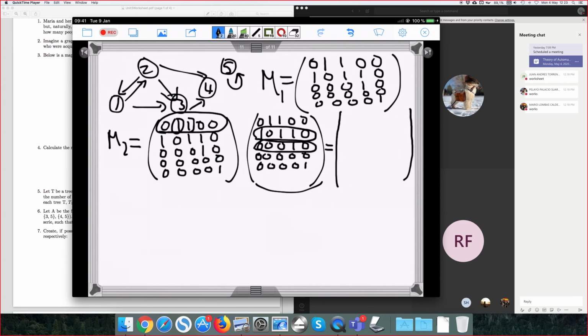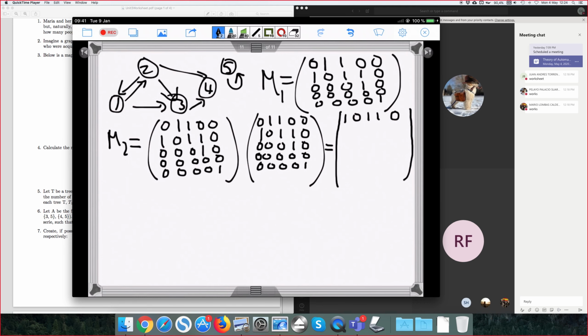Okay, so in this case, this means that for the first row I only need to sum up the second and third, and the sum of the second and third is 1 0 1 0. Remember that this is Boolean addition. So what we are doing is the OR of the elements.